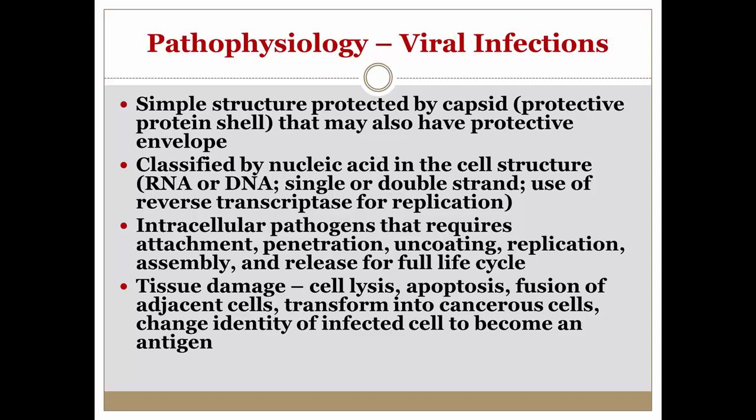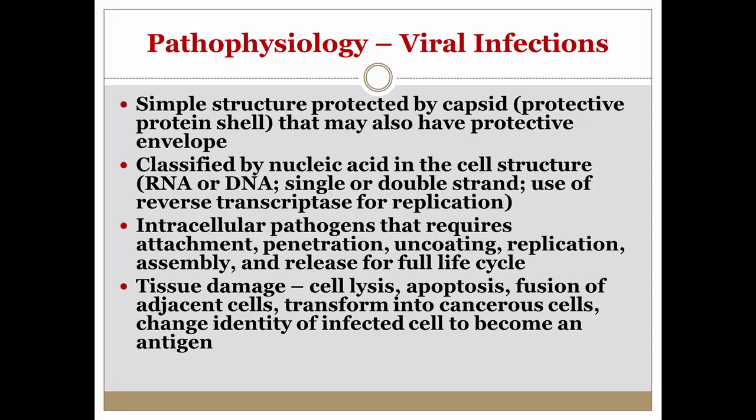So let's take a closer look at that. So attachment. As we walk through these phases then, the virus attaches to the host cell. And it's a protein on the virus and the receptor on the cell that's being infected. So once it attaches to the host cell, now it can penetrate the membrane. And it can do this through endocytosis or by fusion. Once it penetrates that membrane, now it is going to uncoat so it can release the viral nucleic acid inside that host cell that it is now infecting.